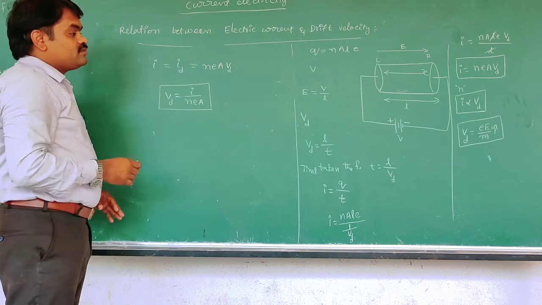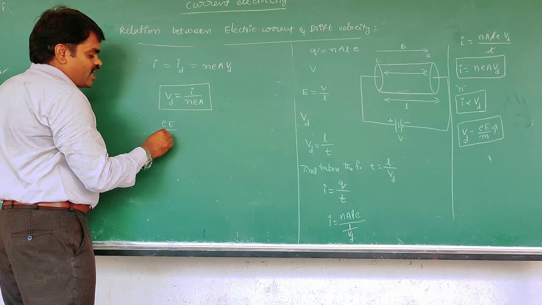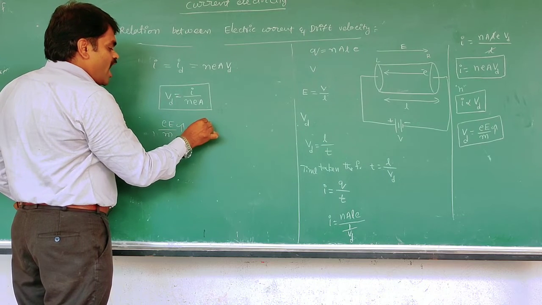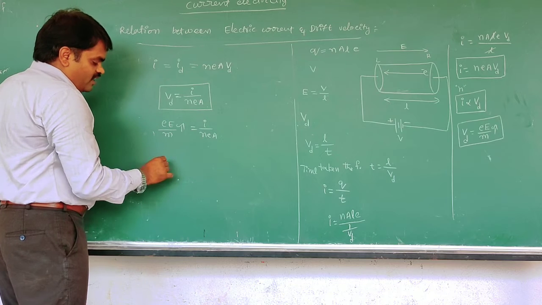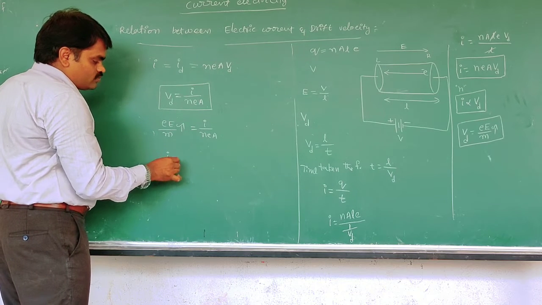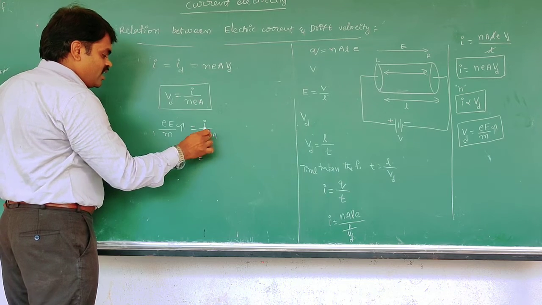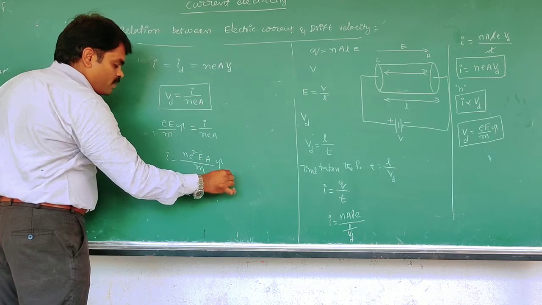Substituting Vd equal to eE by m into tau, equal to I by neA, then I is equal to ne squared EA by m into tau.